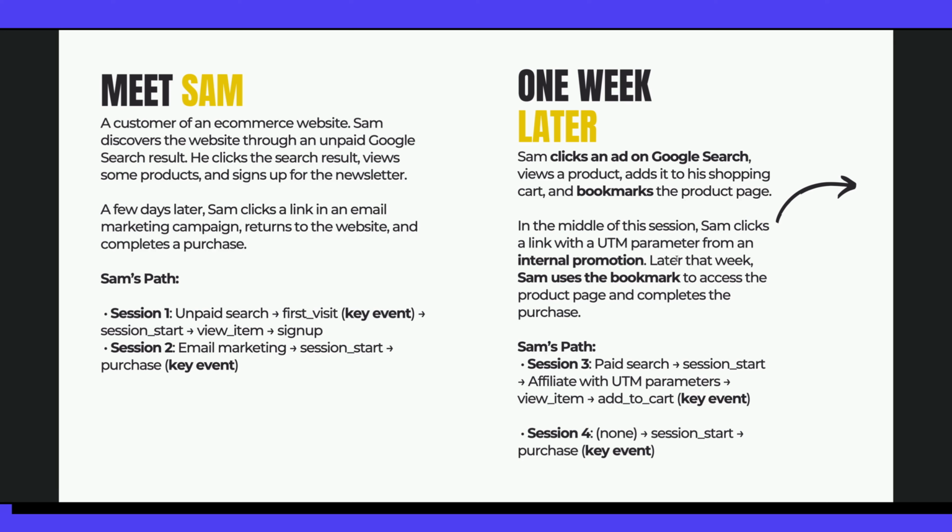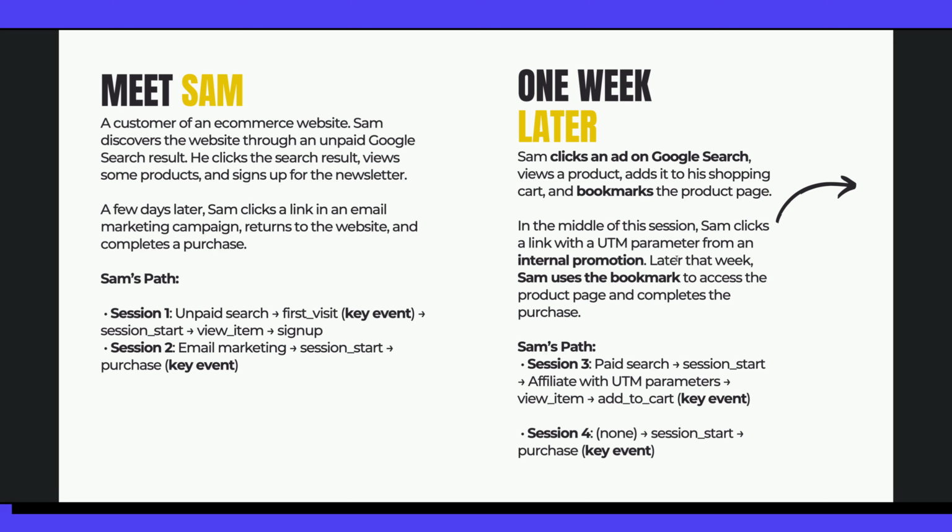So each session will have a different source medium because the user performed that action through a different source and medium. This brings us to the last dimension that we have, which is the source medium dimension.